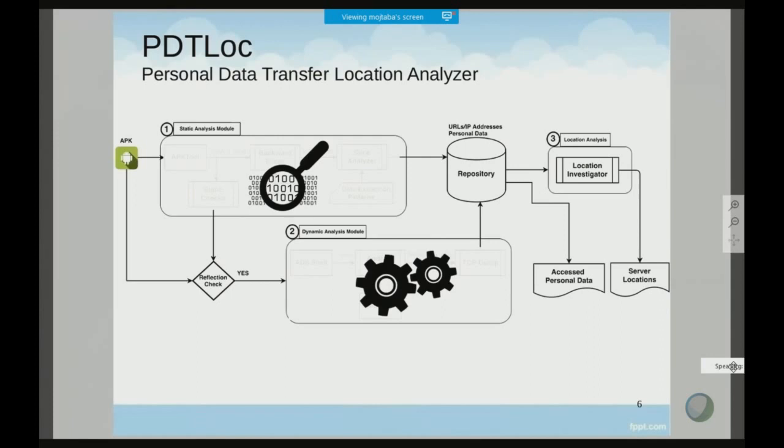And then we collect all the information. The location investigator determines the location of servers. We give it IP names or URLs we extracted from the code and from the running, and then it provides the report. I just showed you an example of the report. So let's have a closer look at these modules to see how they work.